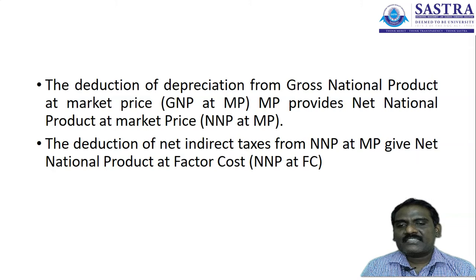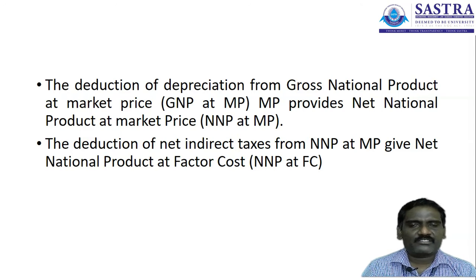And in this, there is deduction of the depreciation from the gross national product at the market price, so that you may get the net national product at the market price. The depreciation allowances, or the capital consumption allowances, are subtracted from the gross national product at the market price.